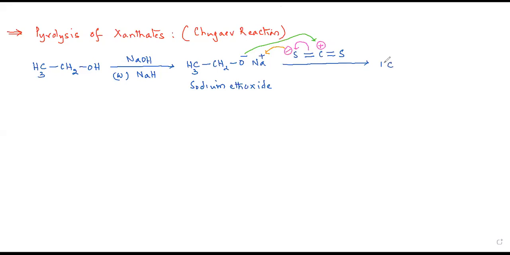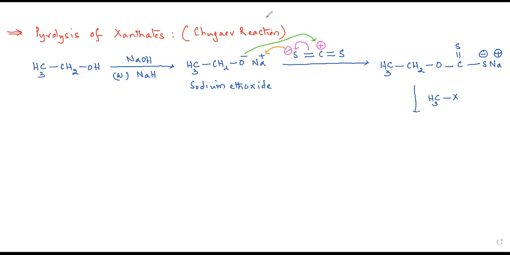CH3, CH2, O connected to carbon, which has already got a double bond S, and then this S minus and Na plus, right? Okay, now this is going to react with the methyl halide.